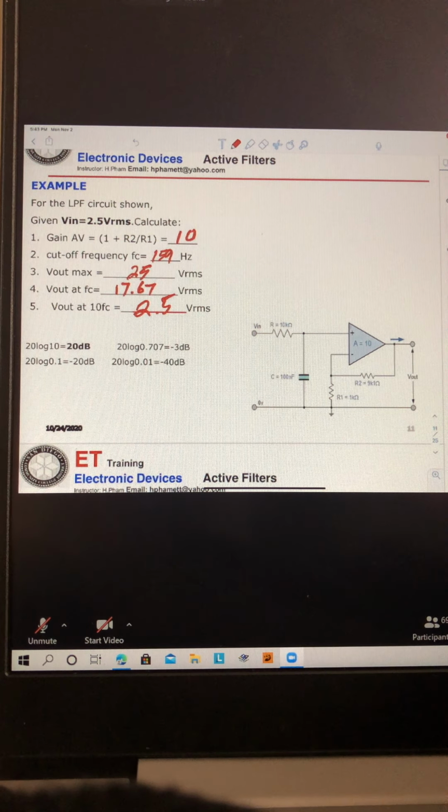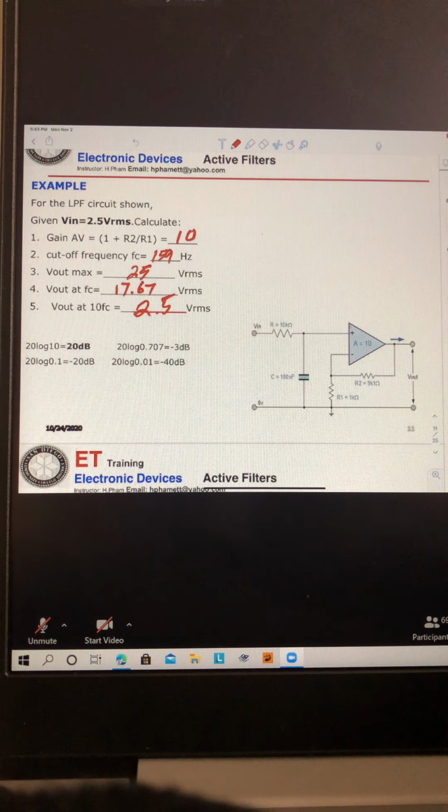Less than the cutoff frequency, it will be attenuated. That's why they say bandwidth or pass band for the high pass filter here. And the formula to calculate cutoff frequency is the same as the low pass filter.